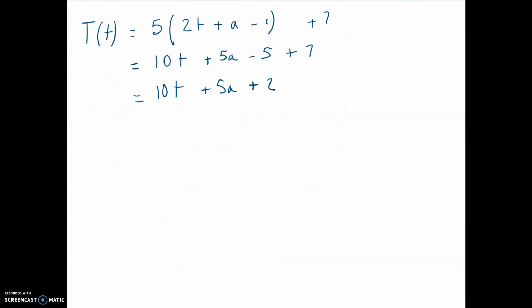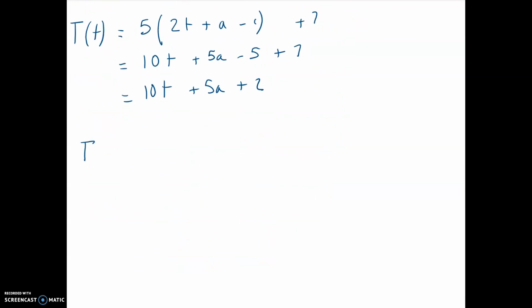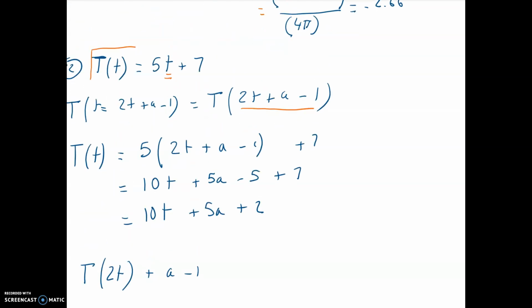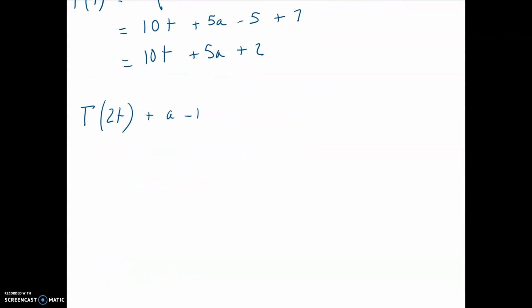Then they are asking you to calculate T of 2t plus a minus 1. Meaning that every time you see t in your expression of T, and I would like to remind you that the expression of T is right here, you will have to substitute t by 2t.